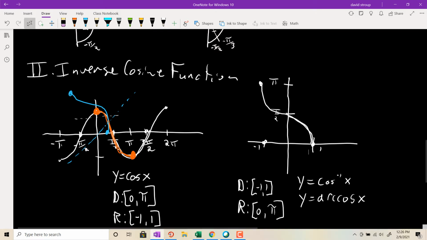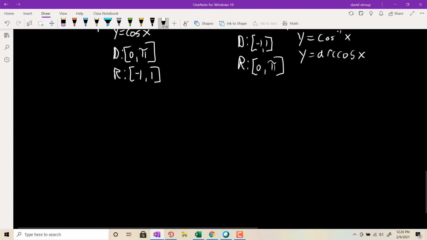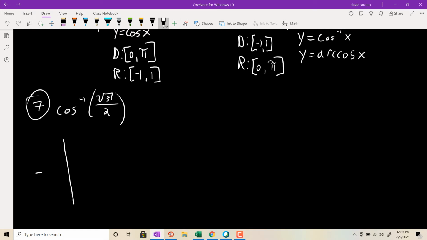Okay, so you'll be called upon to do the same kind of questions as before. Let's take a look at some of those. Number 7, we have cosine inverse of root 3 over 2. Again, you want to keep in mind the unit circle and the sign of cosine in that part of the unit circle. So now our outputs need to be from 0 to pi.